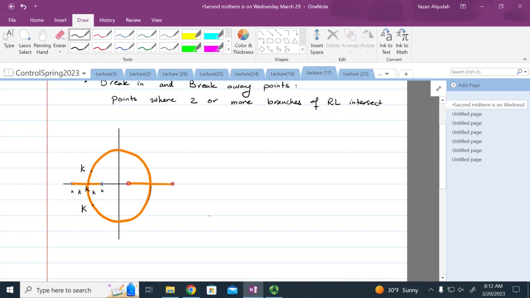K got bigger, and they're going to meet at this point, and then k is going to get bigger.